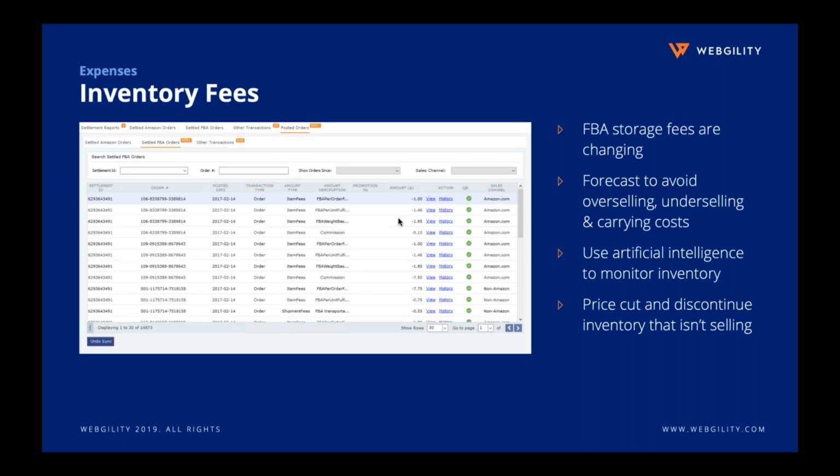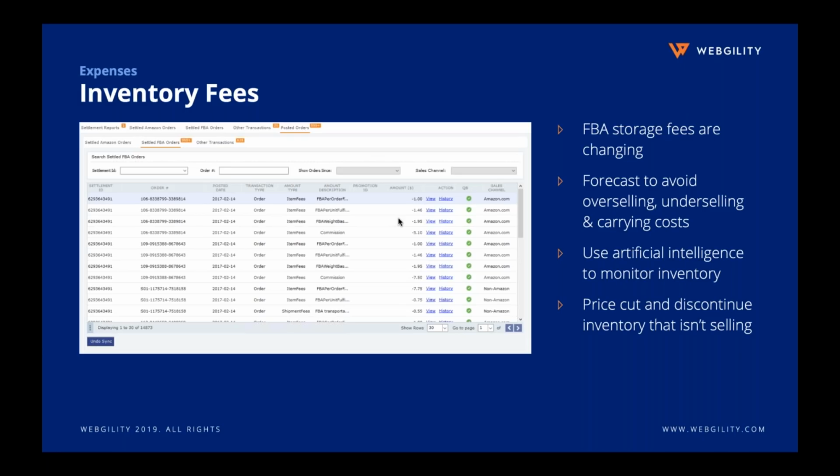You want to make sure they are consistent, or if there is a trend and the trend is appropriate or at least expected, then you can prepare for that trend. You can forecast your inventory. Again, you can do a trend analysis on that. We can help with that in our product.